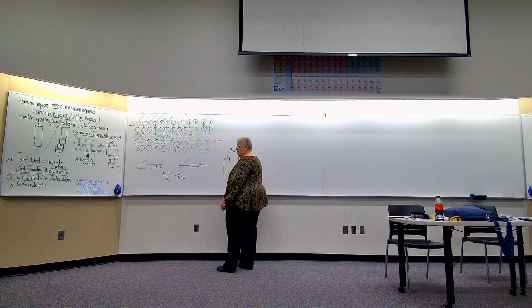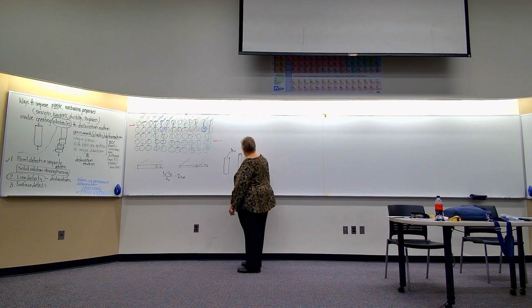This is the original cross-sectional area. This is the final cross-sectional area. Percent cold work is equal to original area minus final area over original area.